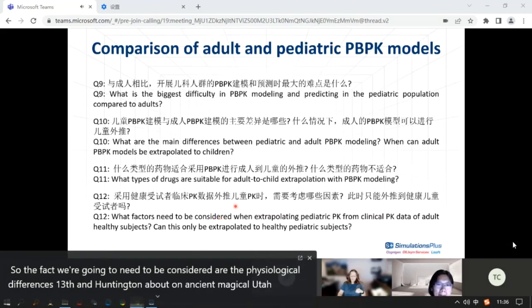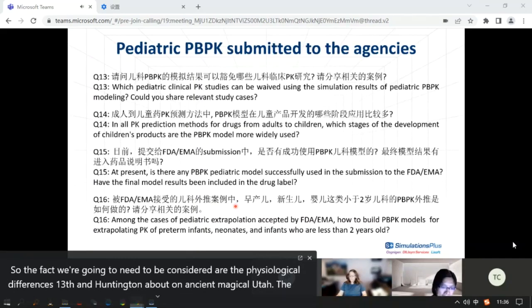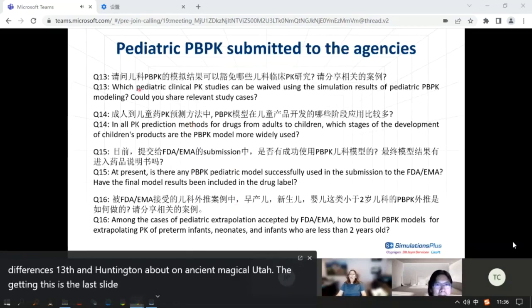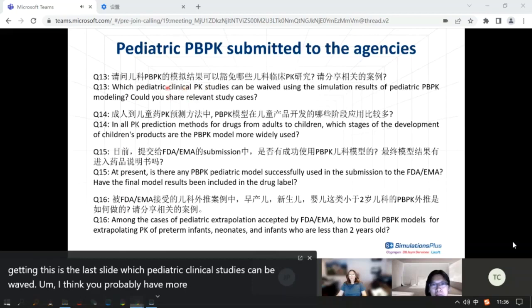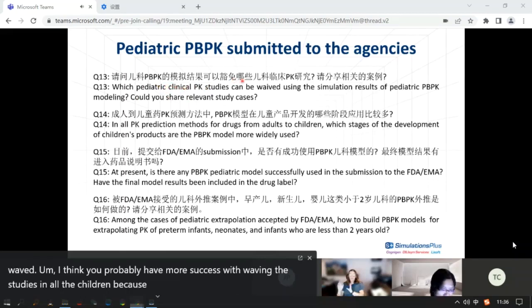Okay. I think this is the last slide. Which pediatric clinical studies can be waived? I think you probably have more success with waiving the studies in older children because they are closer to the adults, less extrapolation being done.